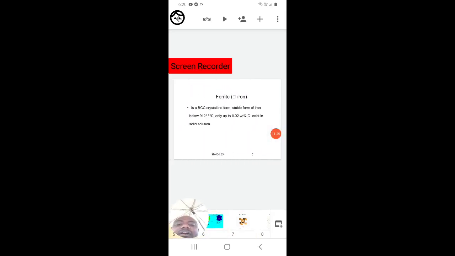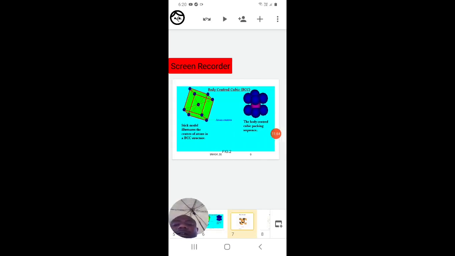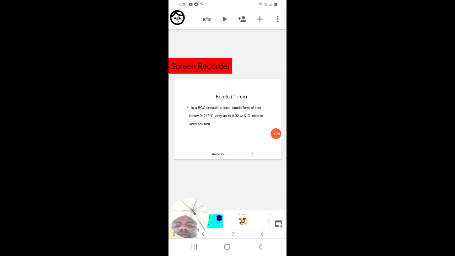So ferrite is the very softest material that exists below 912 degrees centigrade in the iron carbon equilibrium diagram, up to 0.02%. Here these compositions and constituents are very important: how much composition, and at which temperature it exists.